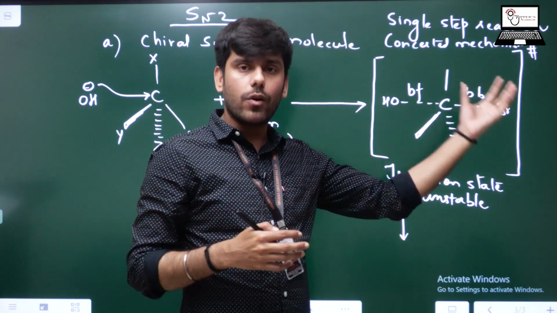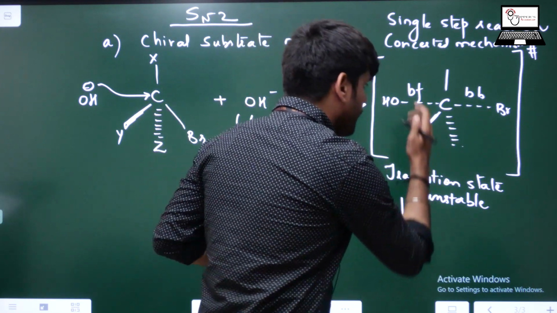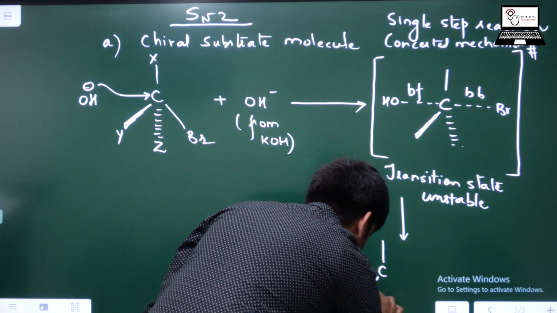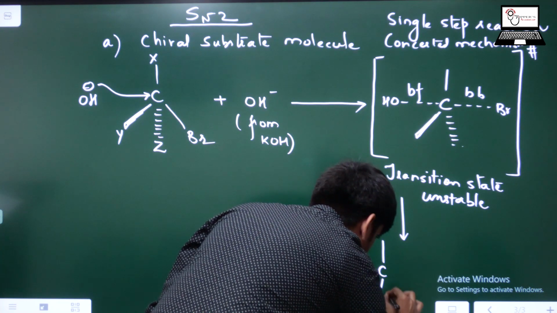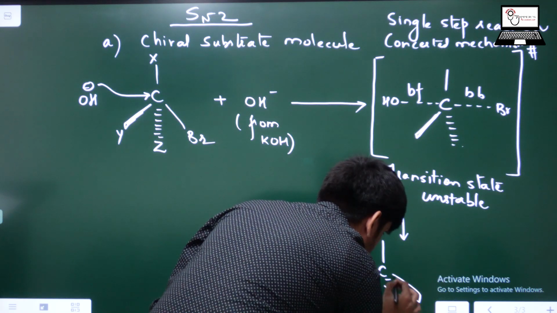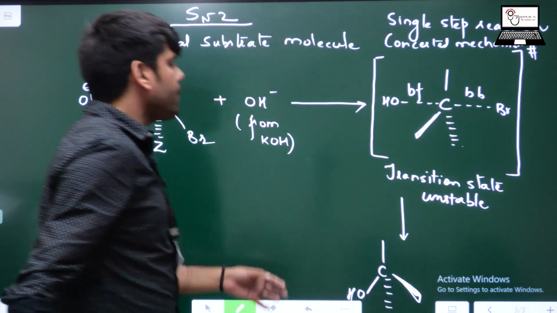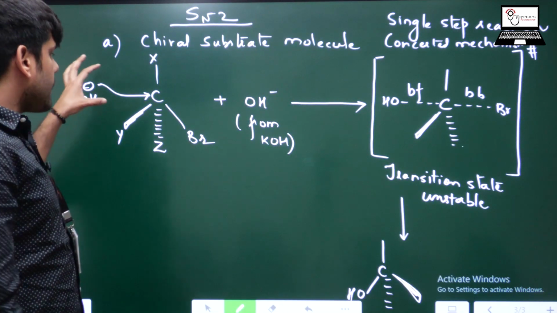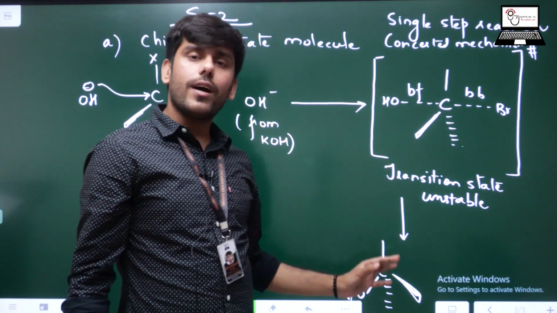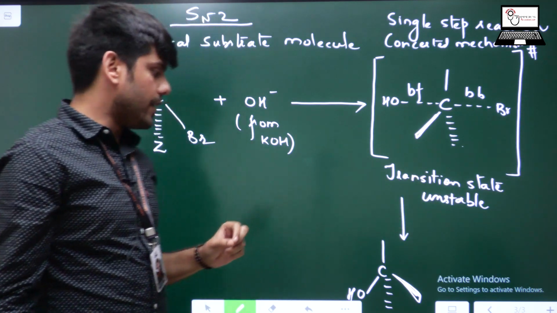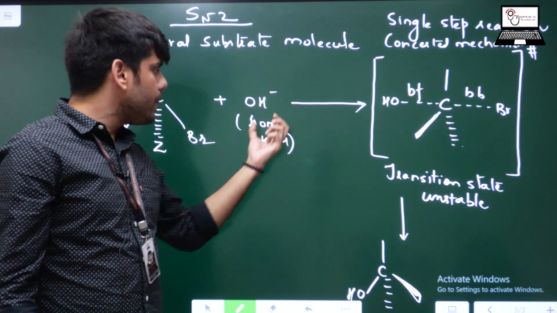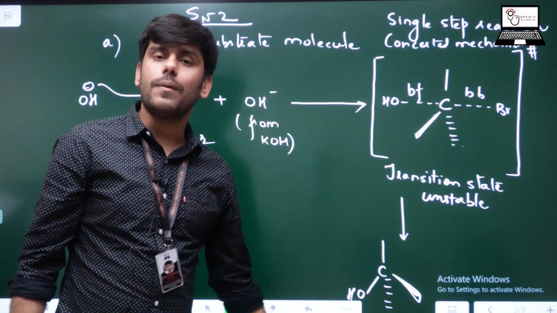Then the alcohol is formed, and the Br leaves, and this is how I can show it, with OH attached here. If you look carefully, I started with some configuration, and when I get the product, there is an inversion in the configuration, because Br was leaving from the front side and the incoming nucleophile is attaching from the back side.